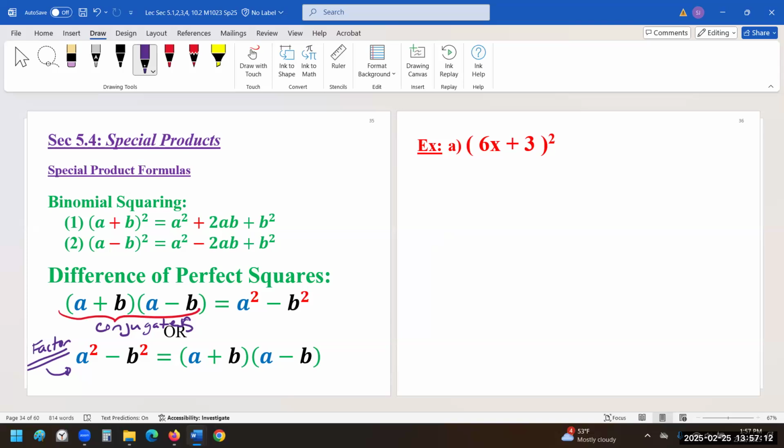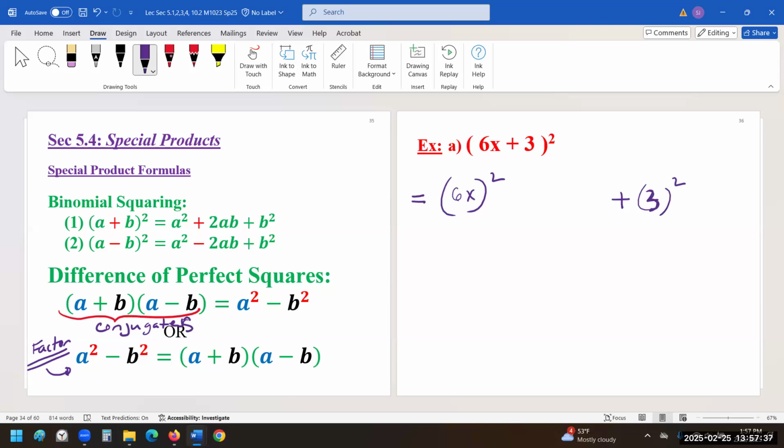So let's do one example: 6x plus 3, squared. The rule says all you have to do is take the first term, square it, plus take your second term, square that. The first term squared plus the second term squared.